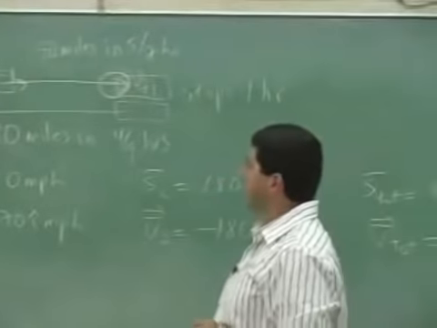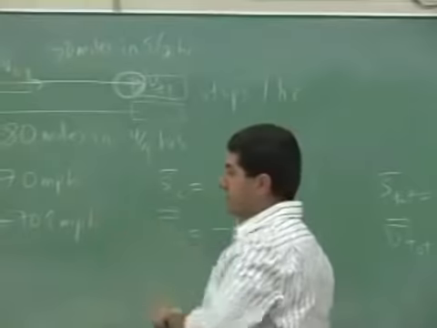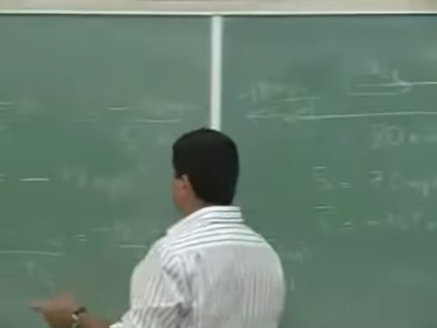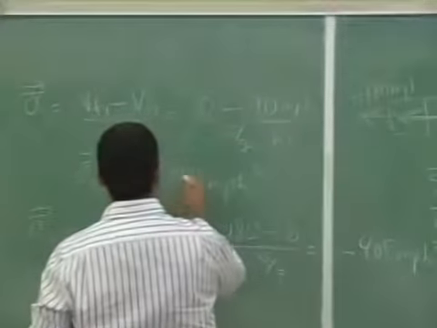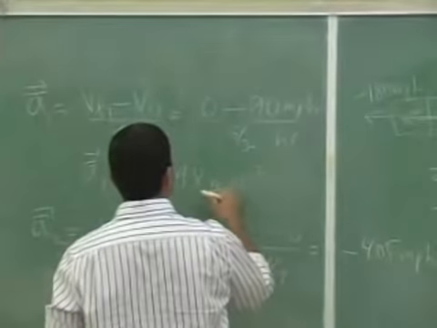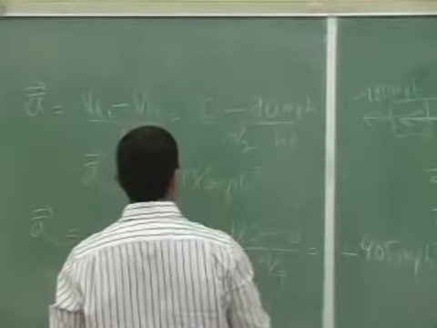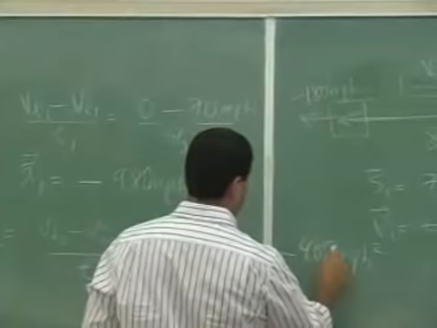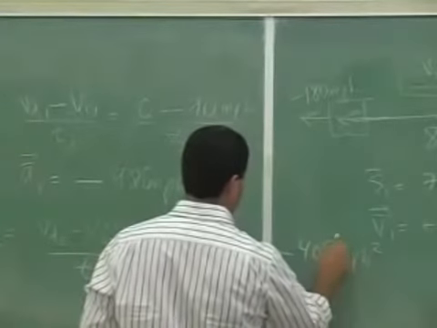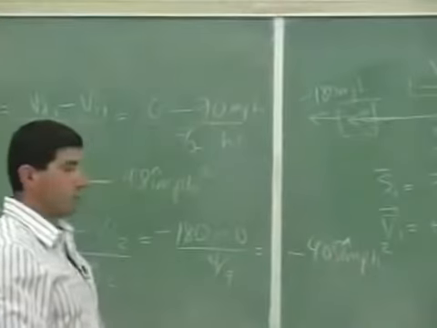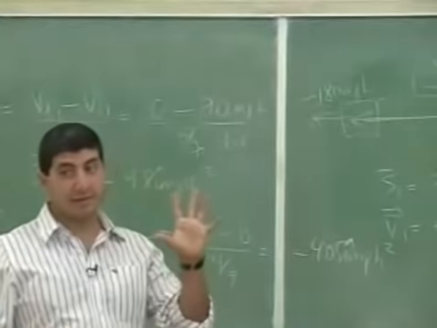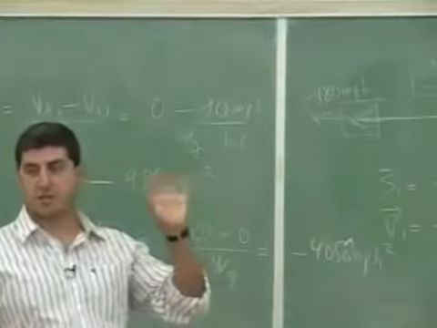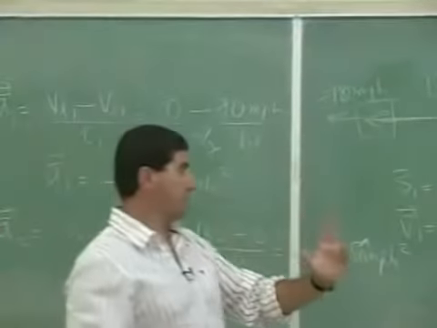Well, the negative literally just means the direction is to the left. Negative 98, we could put formally here I hat, right? Negative 98 I hat, and then over here negative 405 I hat. So the negative, all that it really means is that the acceleration is to the left. It's a vector and it is to the left.